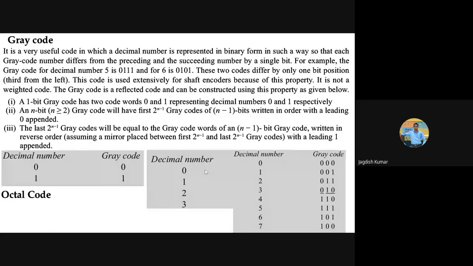Similarly, there is hexadecimal code, where up to 9 the numbers are as such. 10 is written as A, 11 is B, 12 is C, and so on. We have done all that, so I don't think we need to discuss this again in detail.